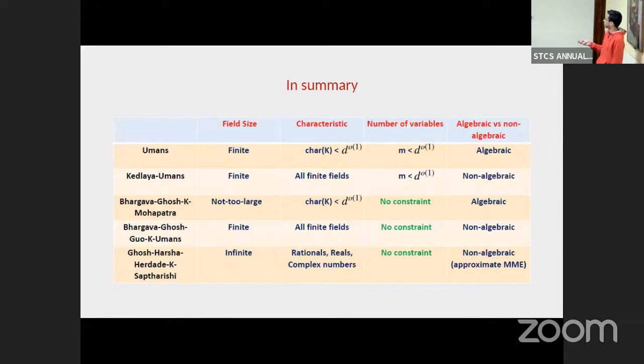All right, I have a table. You should ignore the last column and just focus on this column. Both the previous results of Kedlaya-Umans require the number of variables to be small, and there is no such constraint in ours. These are independent parameters.